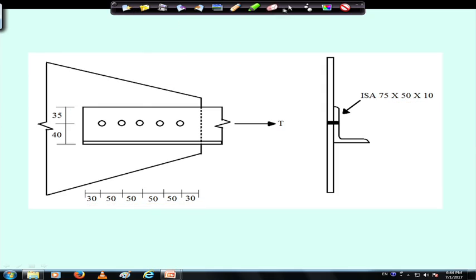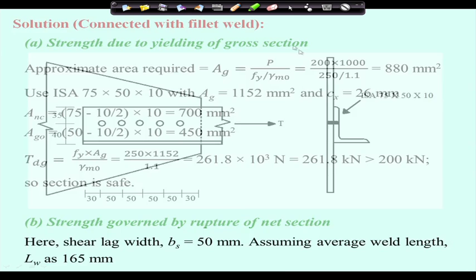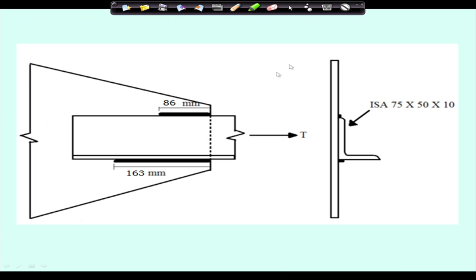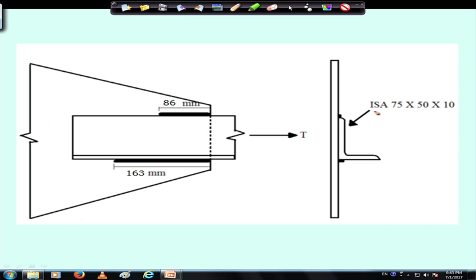Now, if I see the distribution in the diagram, I can find out in this way that this section is ISA 75 by 50 by 10 and this length is 86 and this is 163 millimeter, right.